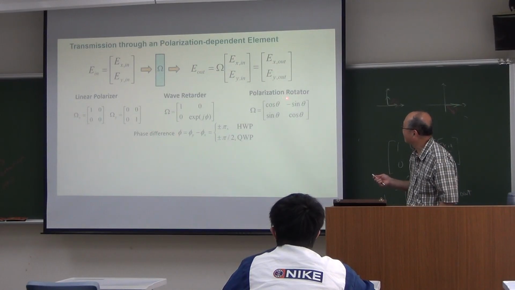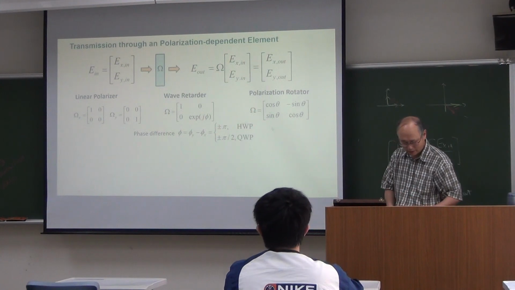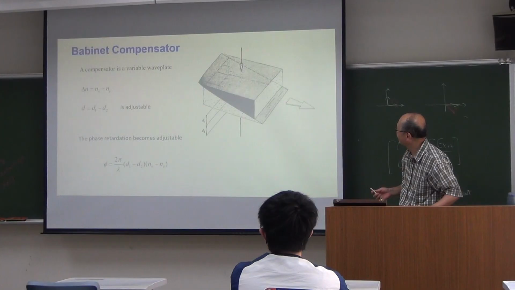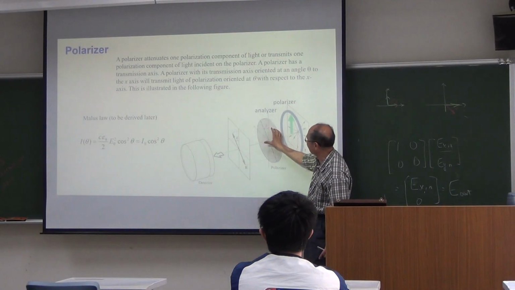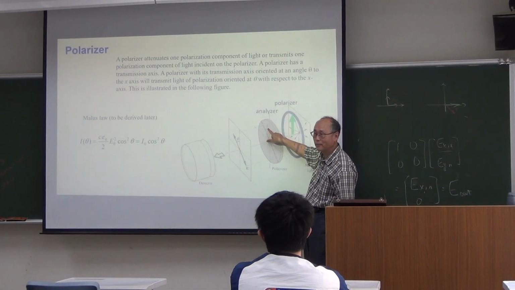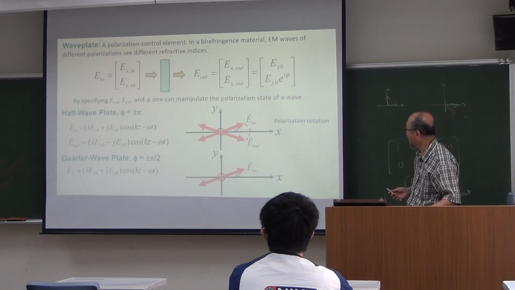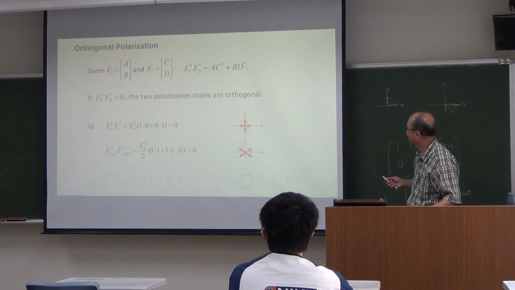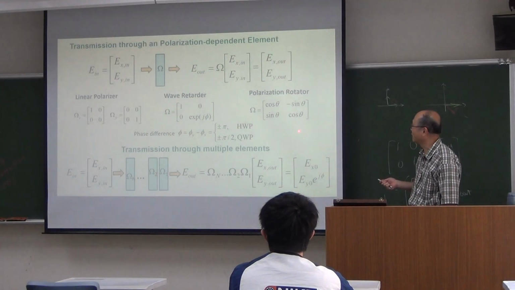And then you can have a polarization rotator. The polarization rotator is this. If you rotate this by the angle theta, then you can obtain the polarization rotator expressed by this expression, and we're going to derive it.